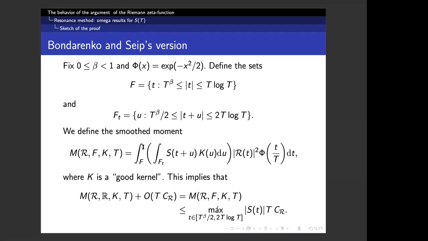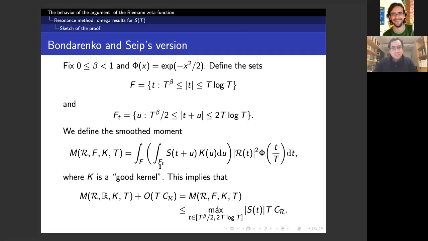But the other part, where the integral of F appears, is bounded by T multiplied by a constant that depends on the resonator. So this is the first inequality that you can obtain using this smooth moment. But you can complete these integrals, changing this F with minus infinity to infinity.